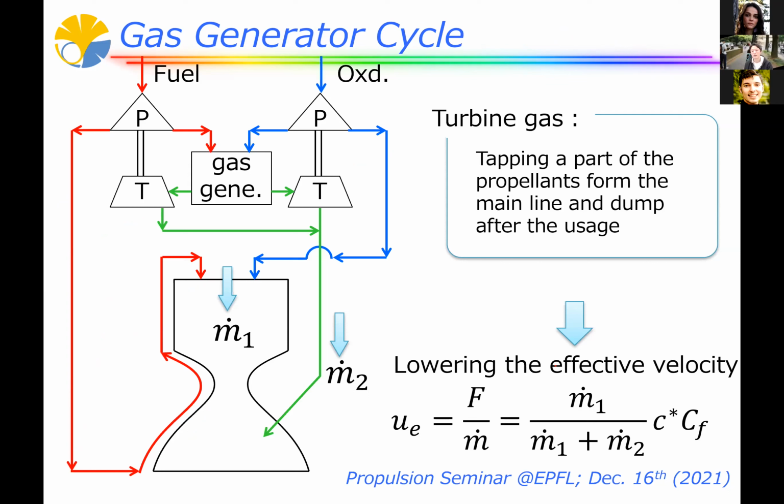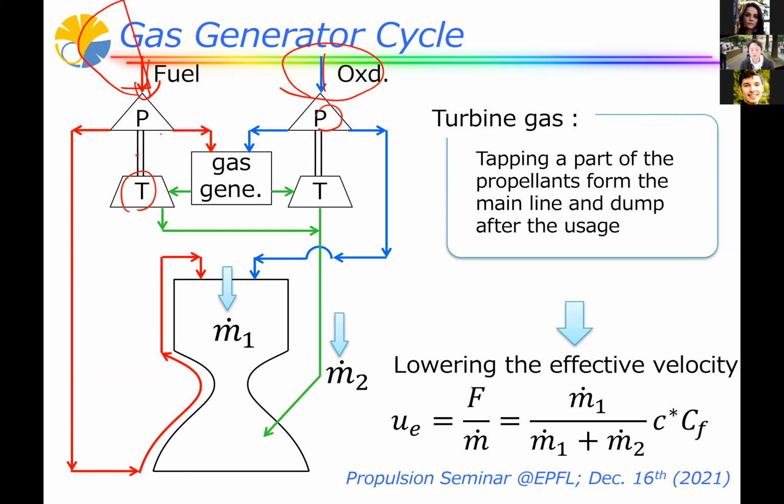So the first one is a gas generator cycle. This might be quite a simple one. So here you have a fuel and oxidizer. So above this slide, let's imagine the fuel and oxidizer tanks, and fuel and oxidizer are coming to this, and this P means a pump, and this T means a turbine, and they are connected by a shaft.